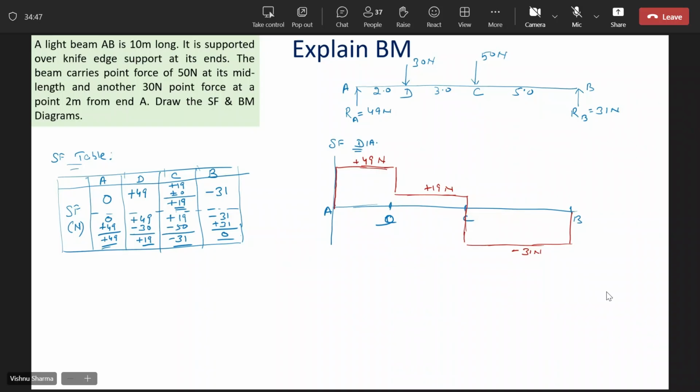And how do you identify the key points for BM? For the BM table, there are only two simple criteria. One, include all SF points.